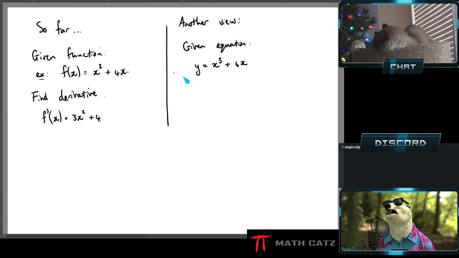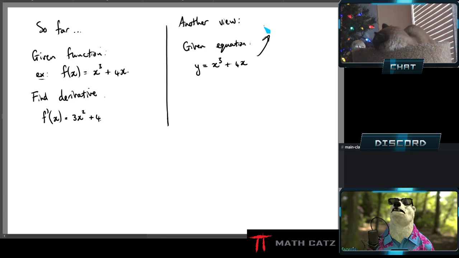Depends on the view. It depends on the goals that I have, what I want to do, that I can flip back and forth between these often to suit my needs. So instead of looking at this as a function, I could look at it as an equation.